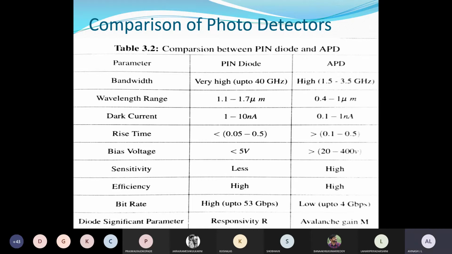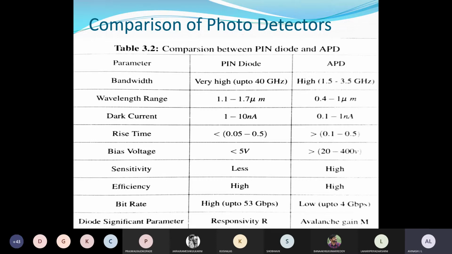The fourth difference is the rise time. It ranges from 0.05 to 0.5, but the rise time is comparatively greater in the avalanche photodiode.